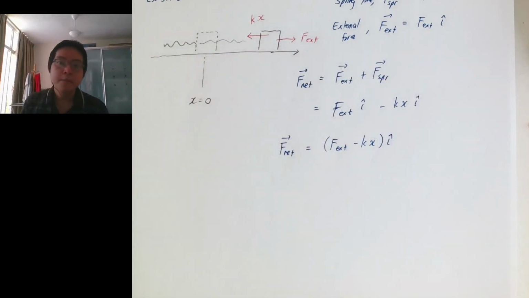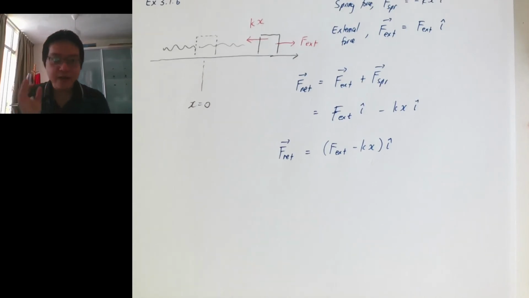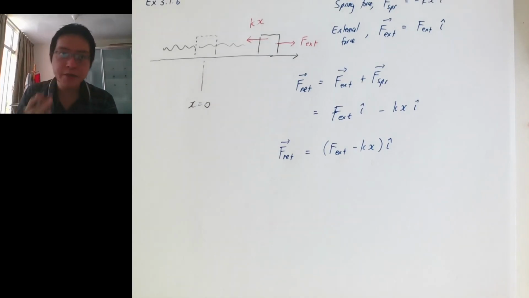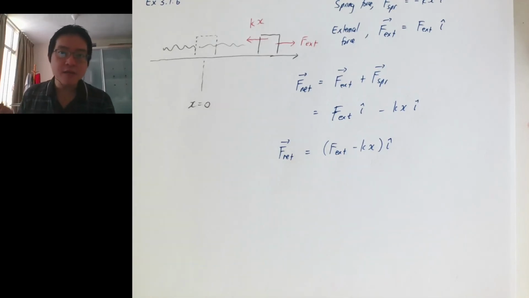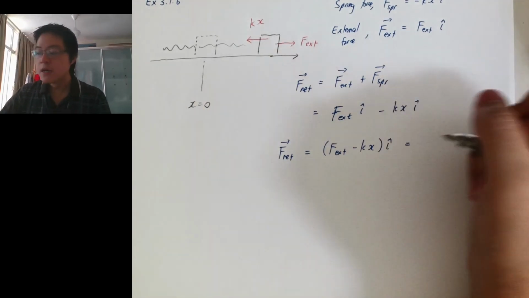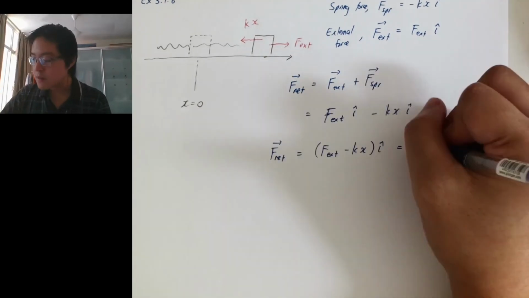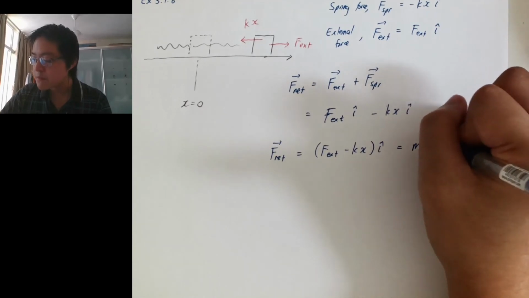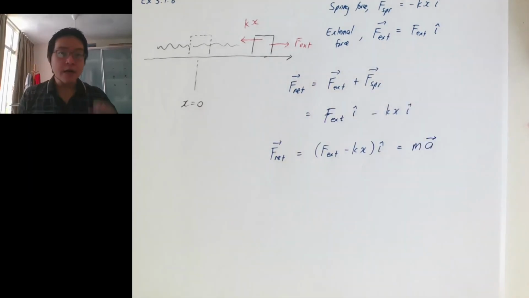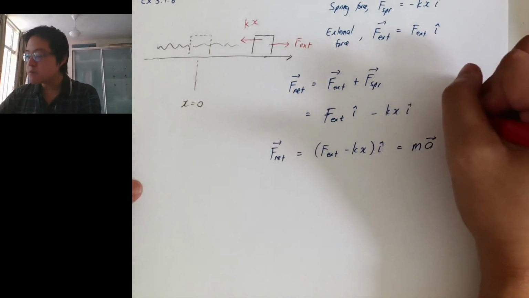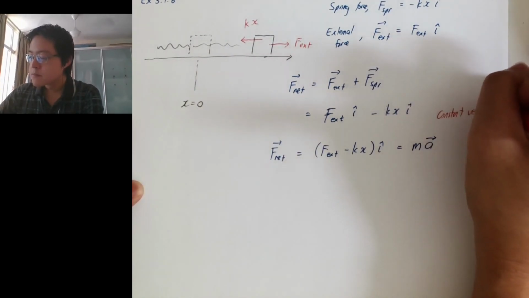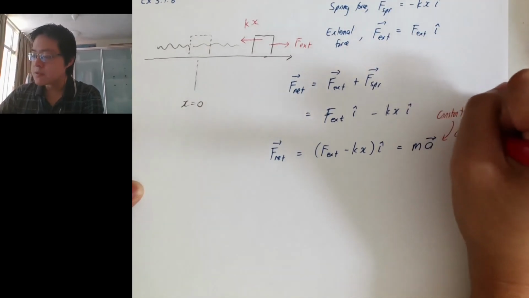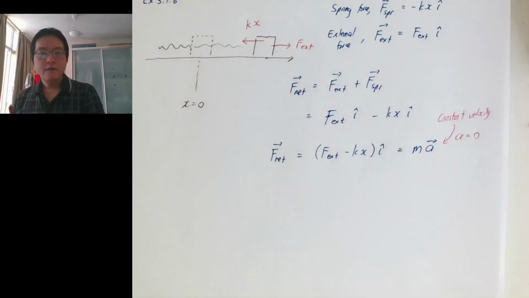Okay, related to the discussion that we had during the break, we always talk about net force, but this is Newton's law. Newton's law has a left hand side and a right hand side. We don't forget about the right hand side. According to Newton's law, the net force is equal to mass times acceleration. According to this question, this object is moving at constant velocity, so a equals 0.